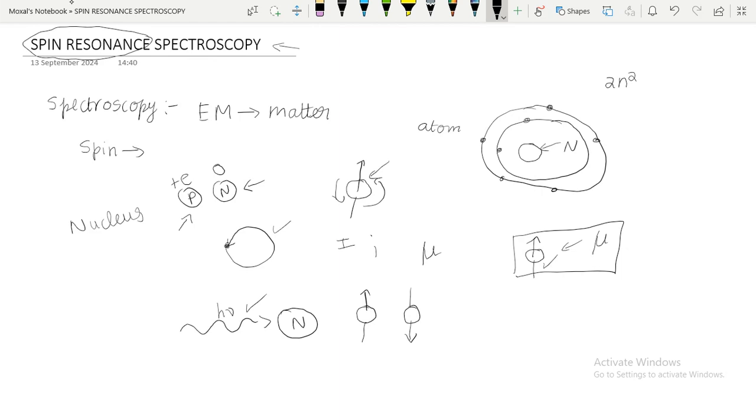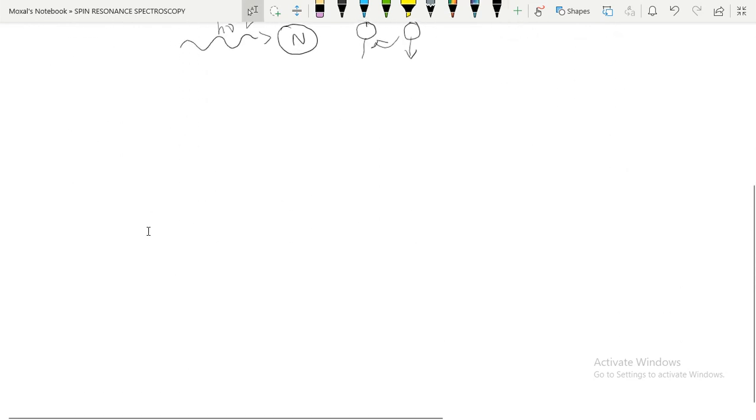Whenever the radiation is removed, it returns back to its original position, emitting the radiation. Correct. So this radiation will give important information about the compound. Okay, so this is the introduction about the topic. Let's start our discussion in spin electron spectroscopy.